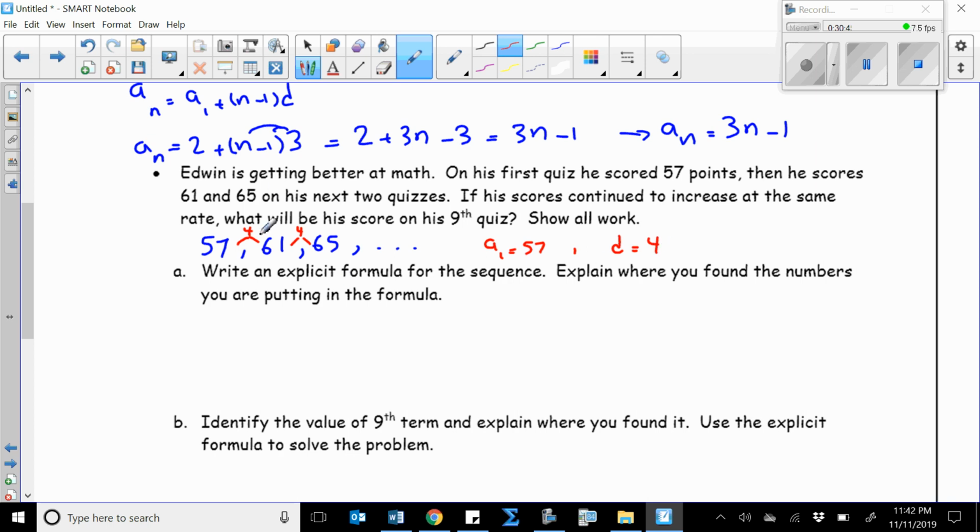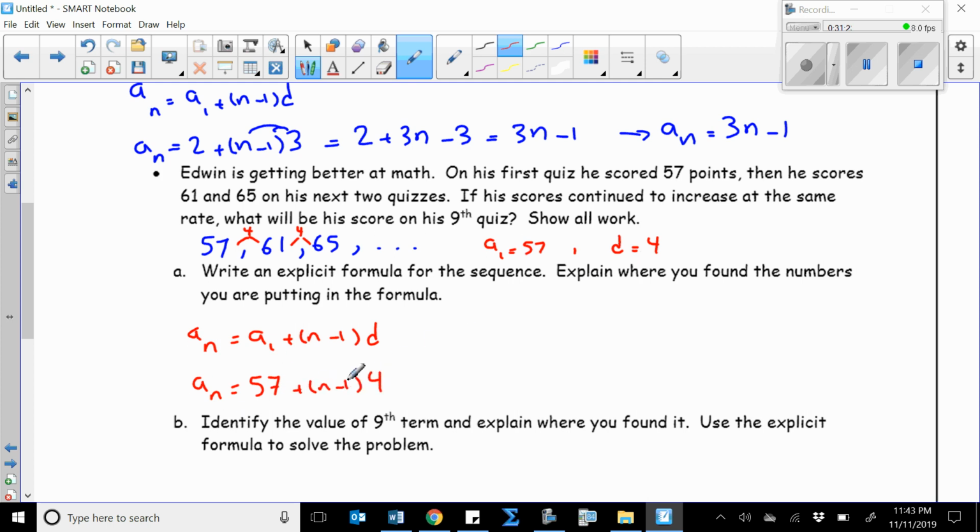Now, if I want to find the ninth quiz of this student, let's first of all find the explicit formula for the sequence and find the general rule for an. So an will be equal to a1 plus n minus 1 times d. an will be equal to a1, which is 57, plus n minus 1 times d, which is 4.